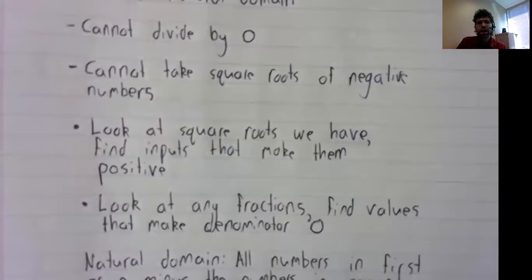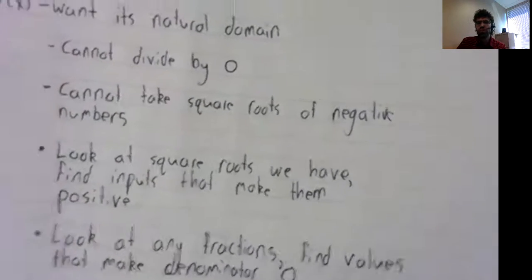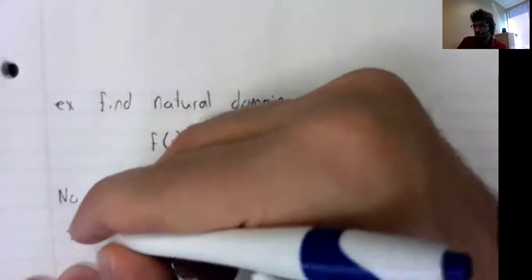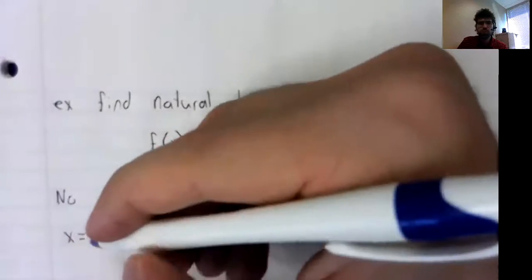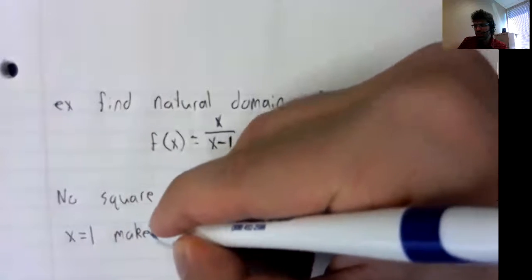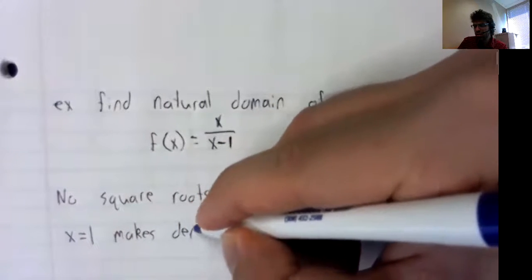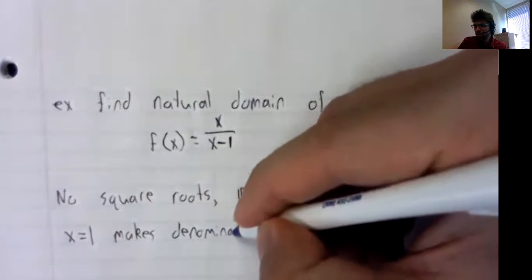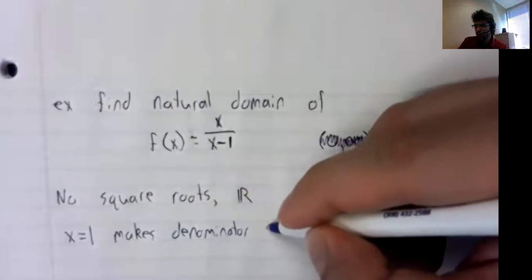Look at any fractions, find the values that make the denominator 0. x equals 1 makes the denominator 0.